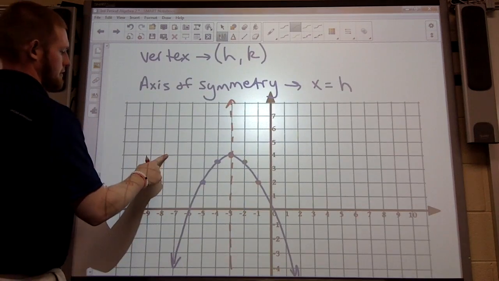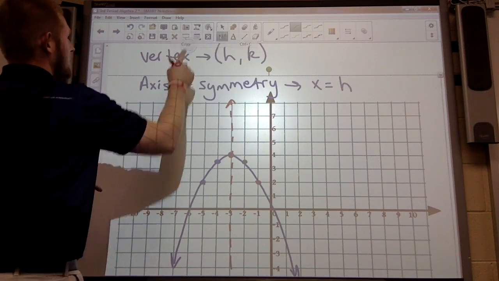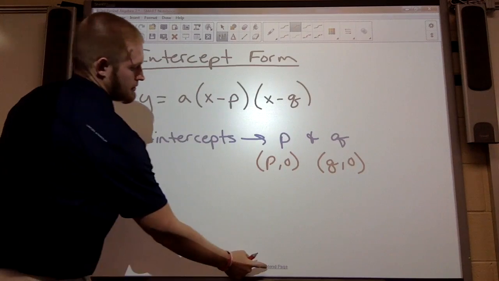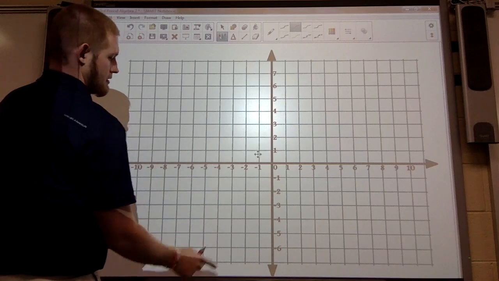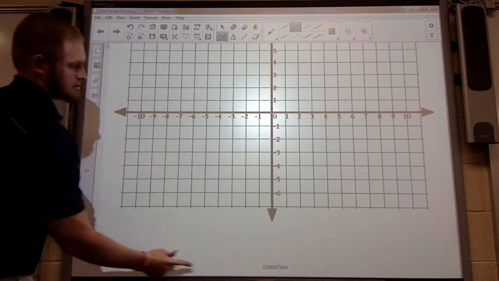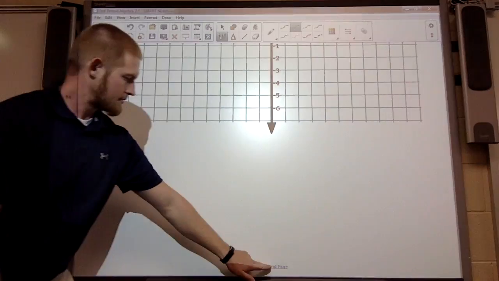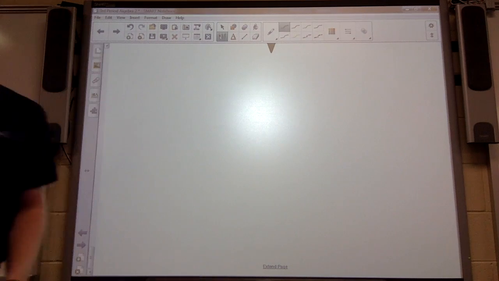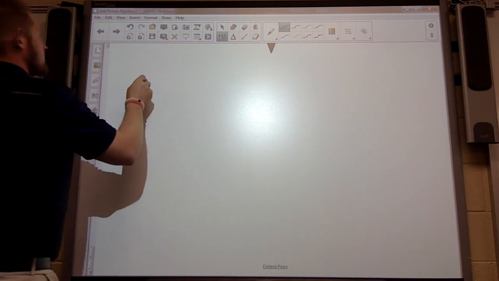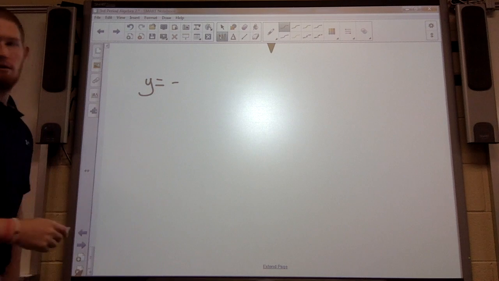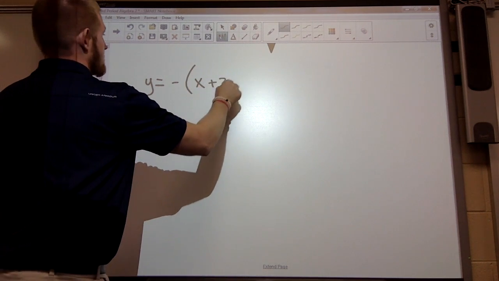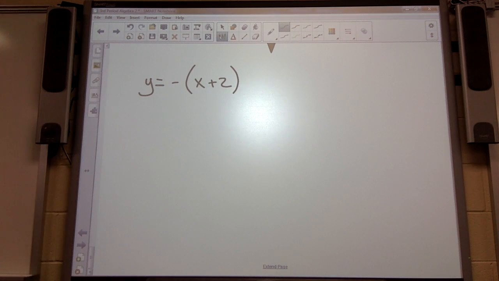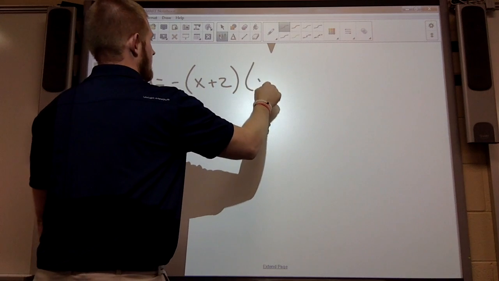Let me copy a graph here real quick. And let's take a look at an example. So I have y equals negative, x plus 2, times x minus 4.